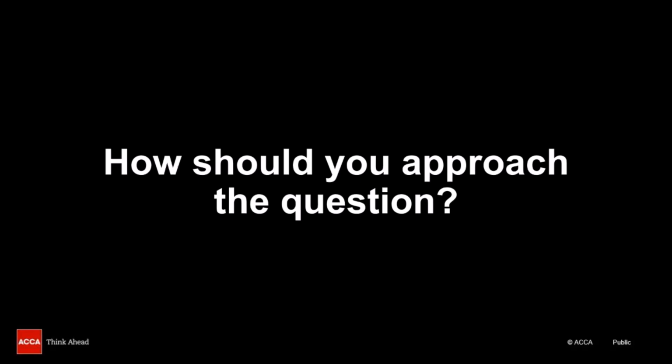Now, coming to how you should approach the question while you are writing the answer. Starting off, you have to read the question very carefully. Start off with the background information, read the trial balance very carefully. I would say read the requirements first, then come back to the trial balance and then the additional adjustments.